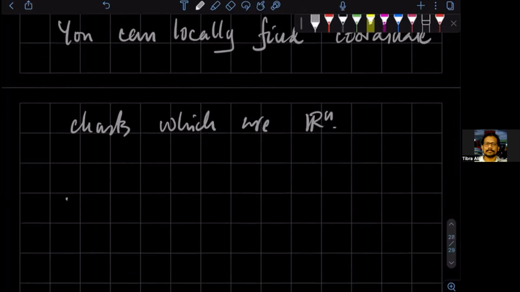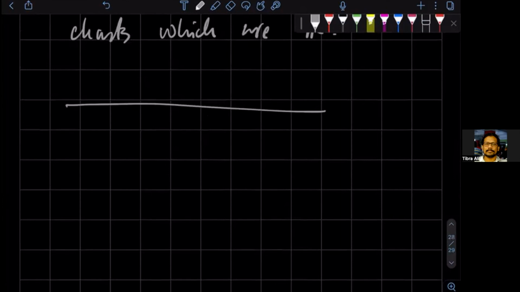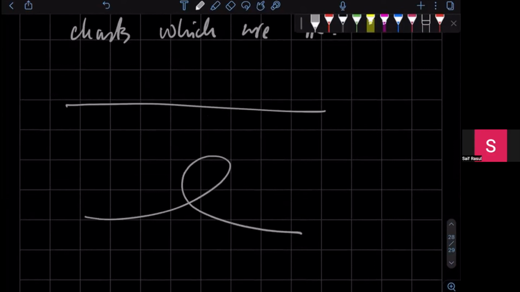So for example, this is a manifold. This is not a manifold. Why? Point of intersection, it's not locally Euclidean. Yeah, here it is not R^1. Whereas this guy is locally always R^1. Okay? So a circle would also be a manifold.